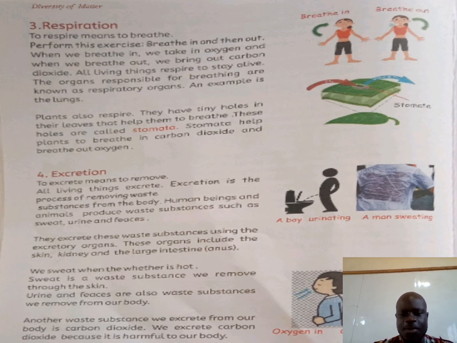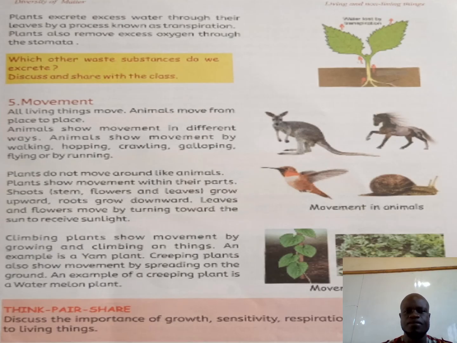We excrete carbon dioxide because it is harmful to our bodies. Plants excrete excess waste through their leaves by a process known as transpiration. Plants also excrete excess oxygen through the stomata.